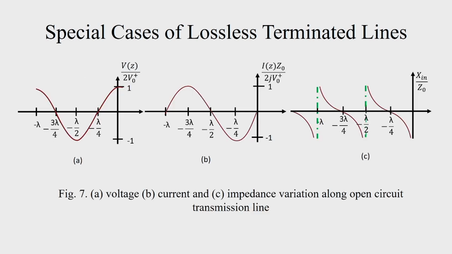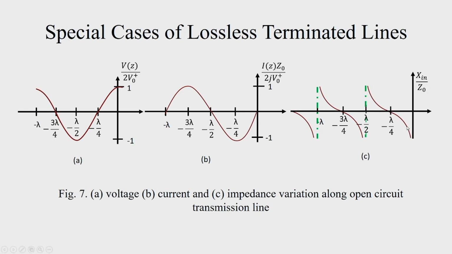As before, we plot the voltage, current and impedance variation along the line when the line is terminated to an open circuit, and we find that in this case the voltage variation is given by cos beta L and a voltage maxima occur at the load location, whereas a current minimum occurs at the load location, because no current flows through the open circuit, and the impedance becomes purely imaginary, jX_in by Z naught.